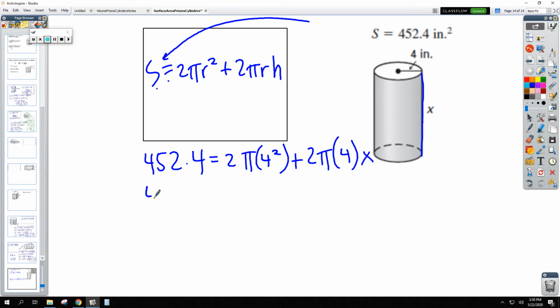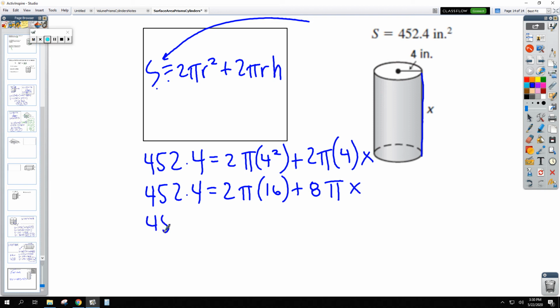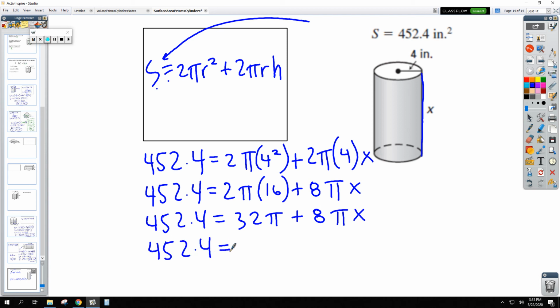All right, let's work out what we got. 40 pi times x.